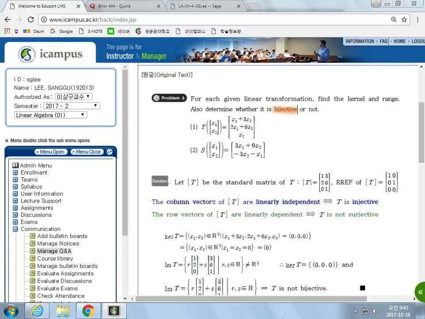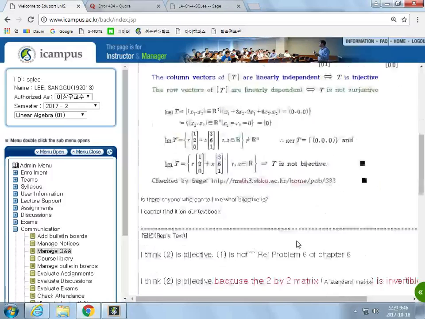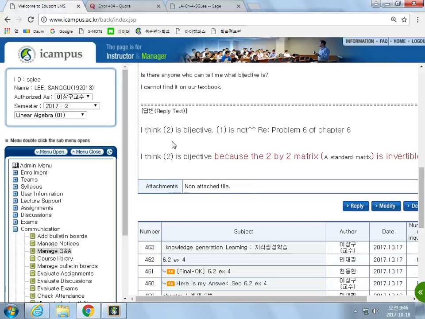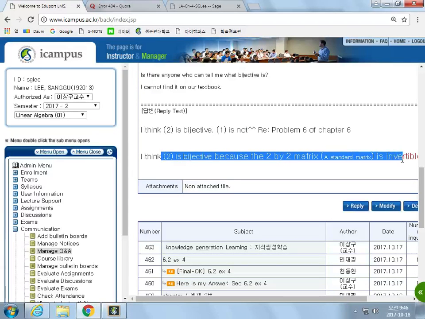When we have a linear transformation, we can find the matrix representation of it, and then check the determinant of that matrix to say whether it is one-to-one or onto or invertible, by using the invertible matrix theorem, which we have studied. So the second one, S, is bijective and the first is not, because for the second one the 2 by 2 standard matrix is invertible.